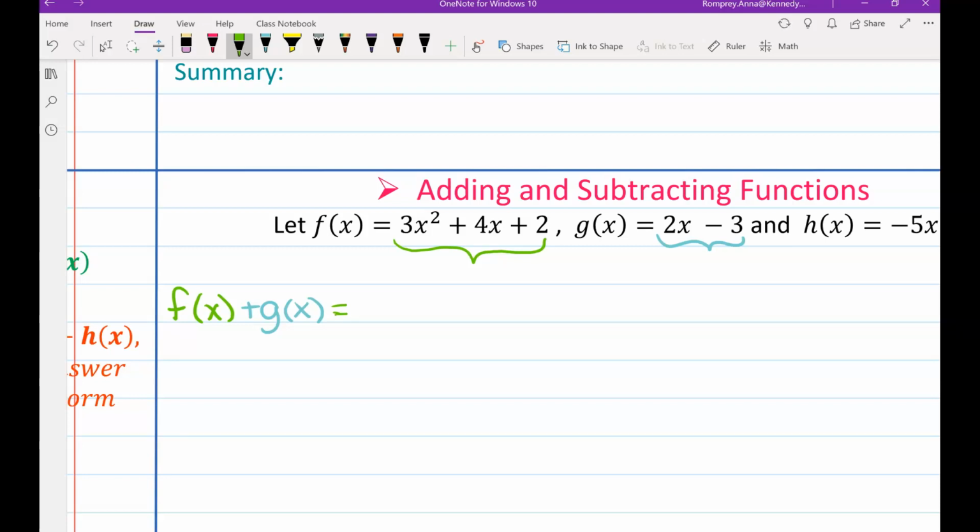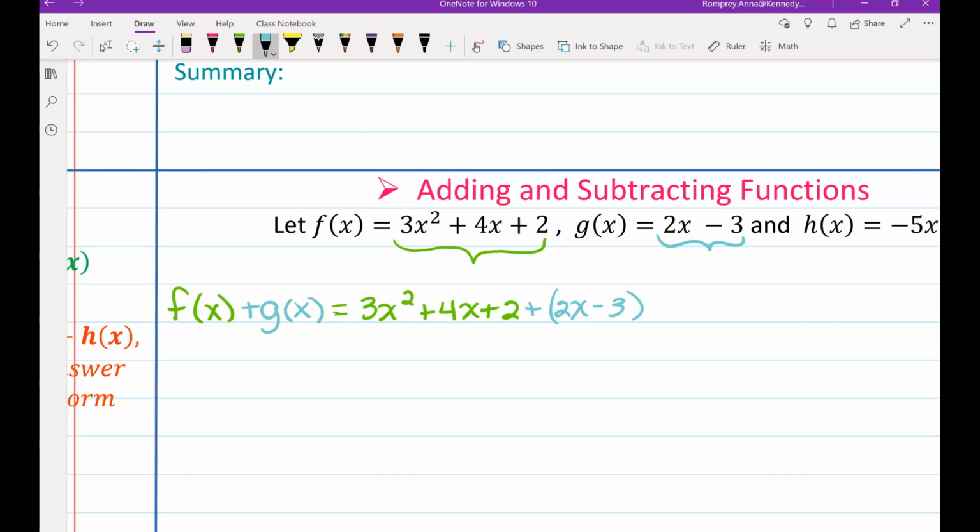So f of x we said is equivalent to 3x squared plus 4x plus 2. And we are going to add g of x. So I'm going to add 2x minus 3. I'm adding the whole thing, so I could put it in parentheses, but since I'm adding it, I don't have to. It's a preference thing.